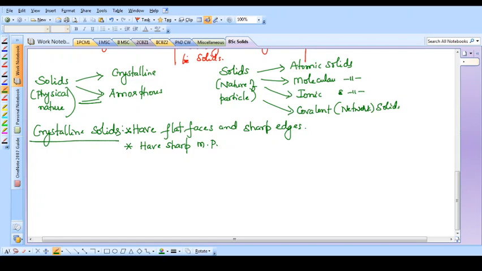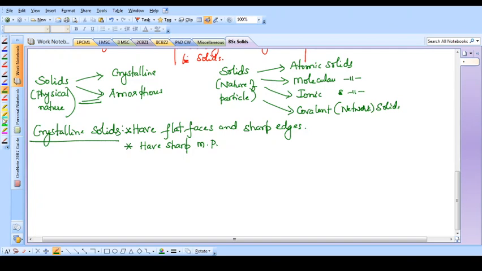For example, if the melting point of the compound is 150 degrees Celsius, then that compound melts sharply and completely at 150 degrees Celsius. As you increase the temperature from room temperature, until you reach 150, the temperature increases. Once the thermometer shows 150, the solid starts melting. At that moment the temperature remains constant, or may vary by 1 degree, and the entire solid melts. That is what we call sharp melting point.